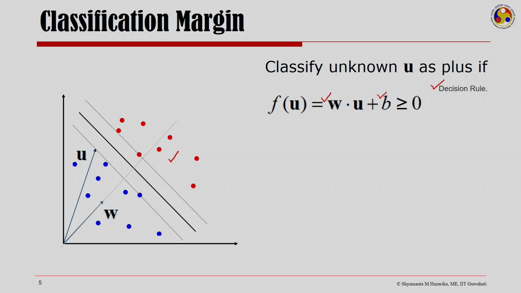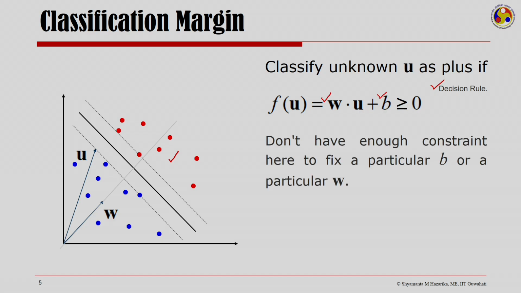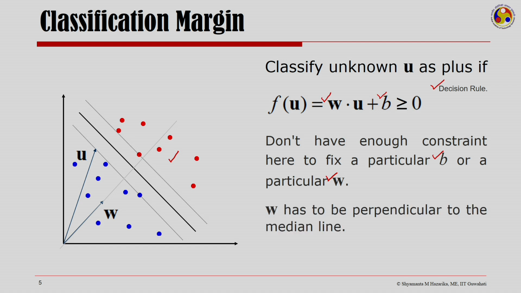which means that the unknown u is a positive sample. However, with this decision rule that we have stated, we do not have enough constraints to fix a particular b or even a particular w. For we could have many w's perpendicular to the median line, since we have not committed to what the length could be.